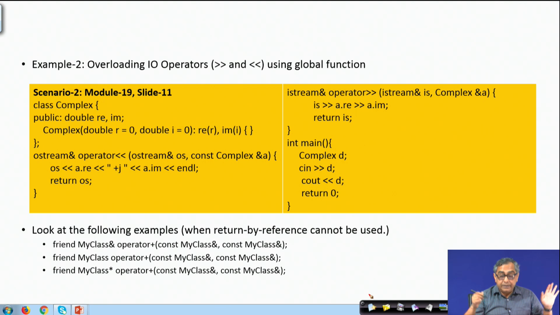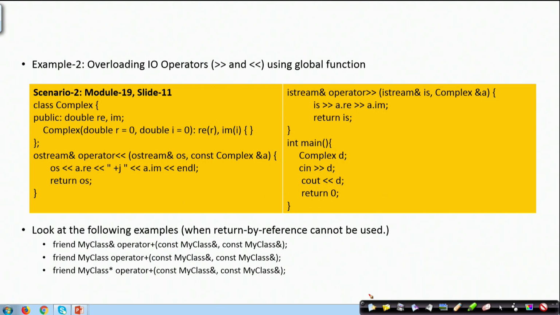So, the learning that we take in terms of returning by reference and by value is a broad thumb rule, though there could be specific situations to look at in depth. The broad thumb rule is: if I am returning an object which already exists, in the sense that it is valid beyond the return of the function that I am actually coding, then I should return by reference; otherwise I should return by value.